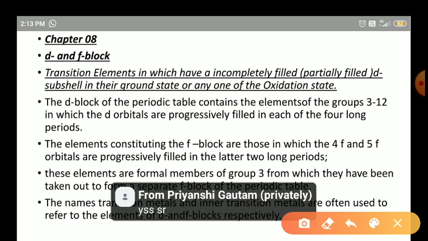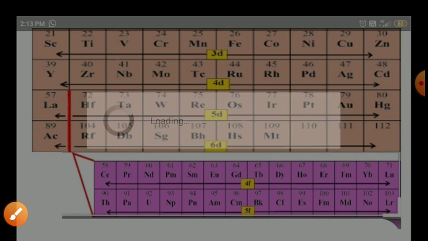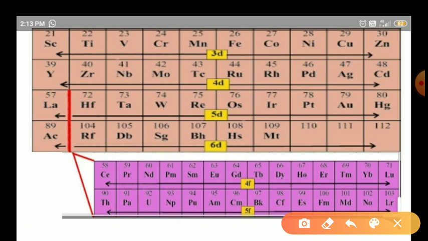Okay. The D block elements. Here these are the D block elements: from atomic number 21 to 30, scandium to zinc, then yttrium to cadmium, lanthanum to mercury, and actinium to, I think, Mt. Here the lanthanum is followed by the lanthanides, cerium to lutetium, and actinium is followed by thorium to lawrencium.